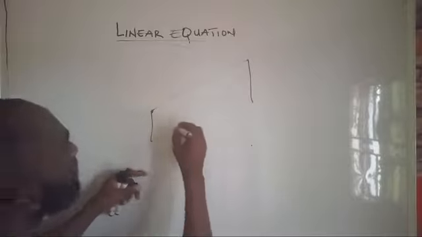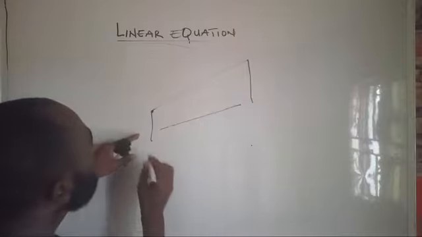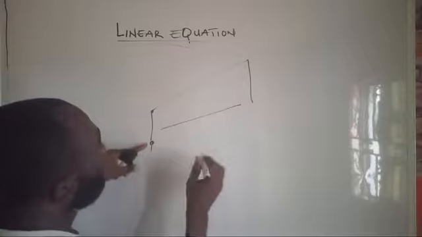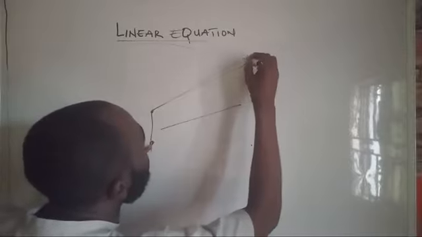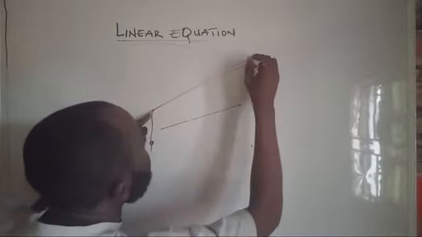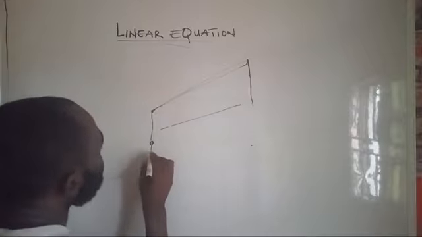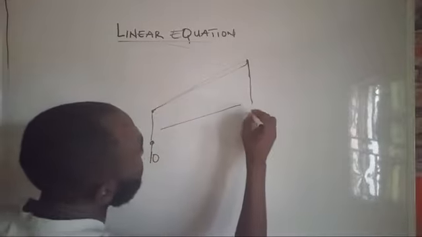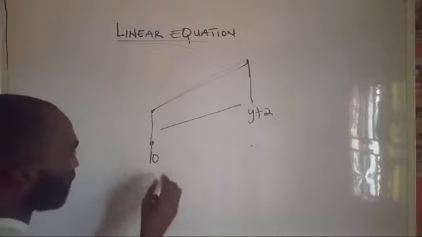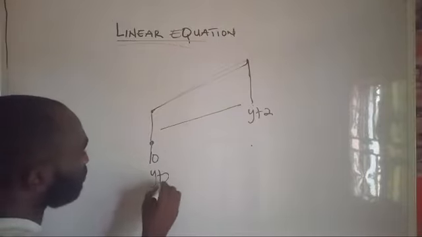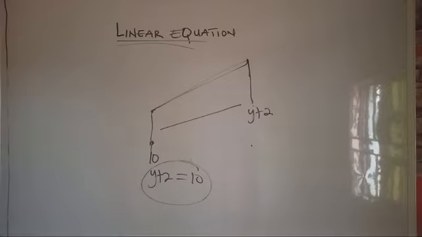We want to make this thing to be at the horizontal surface, which means we are going to use this side to balance this thing here. What we are going to use here must be the same weight. So if here is 10, here we can just say y plus 2, which means y plus 2 is equal to 10. This has formed a linear equation.